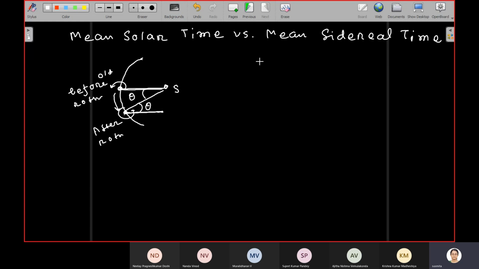Okay. Now since we are interested in mean solar time, let's say we consider the average time the Earth requires to complete one orbit around the sun. Okay, and it is 365.25 days. Okay. We are interested in finding this angle theta.